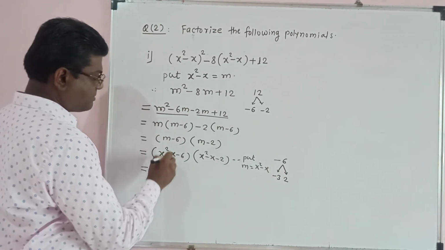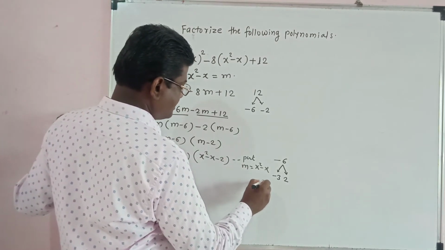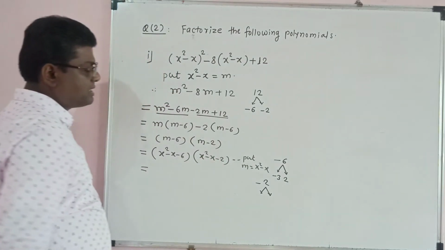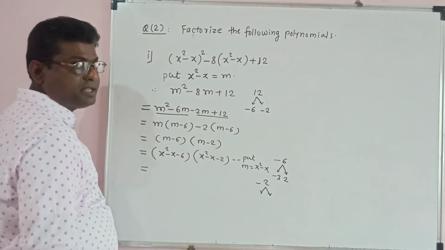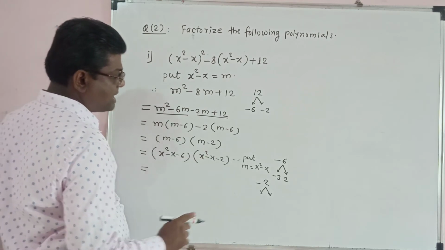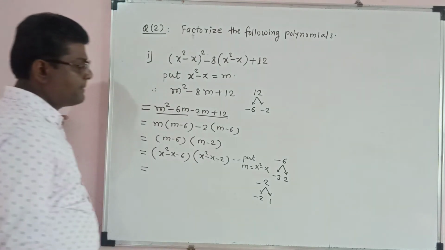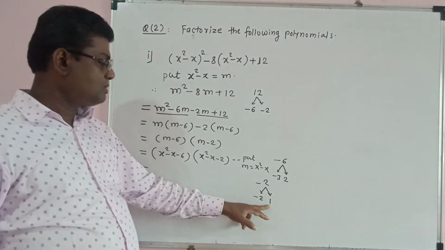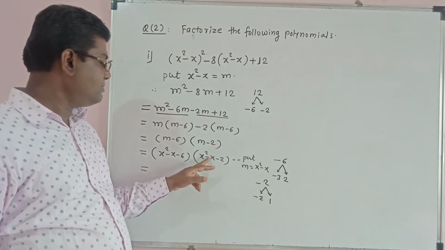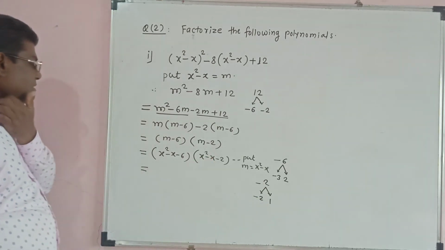The coefficient of x is minus 1. Now split up this minus 2 such that their multiplication is minus 2 and addition is minus 1. So numbers are minus 2 and 1, so that minus 2 into 1 is equal to minus 2, and minus 2 plus 1 will be minus 1. Coefficient of x is minus 1.